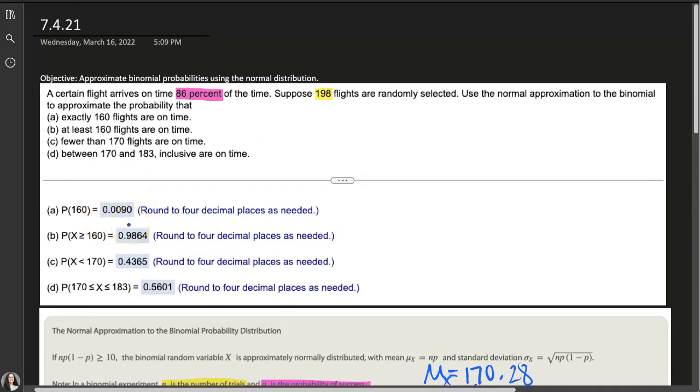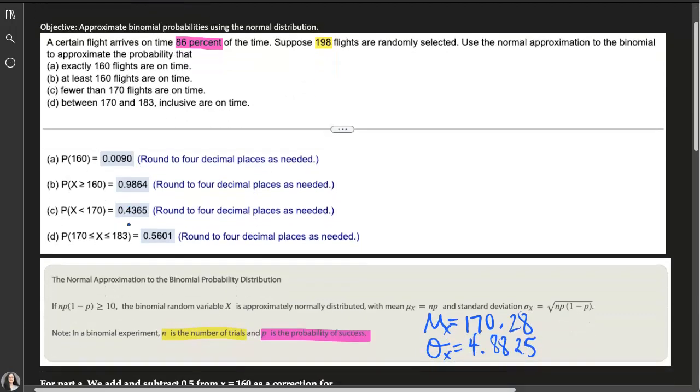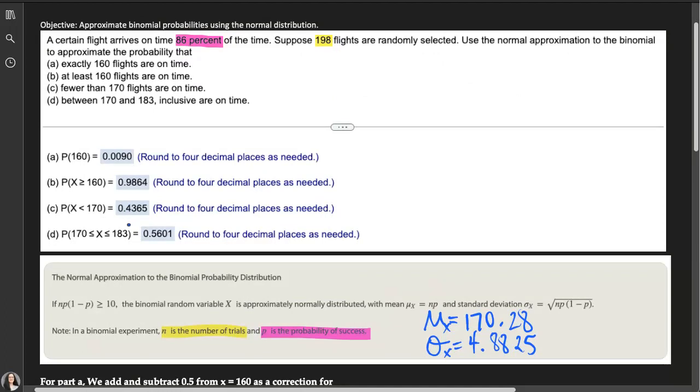I'm going to do at least one more of these to show you how to work with the normal distribution as an approximation to the binomial distribution, but continue to rely on this table that's in section 7.4 for the rest of these problems.